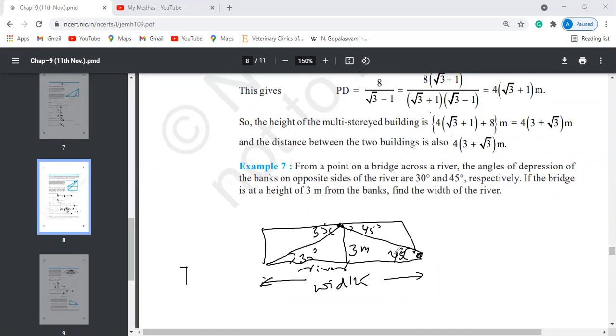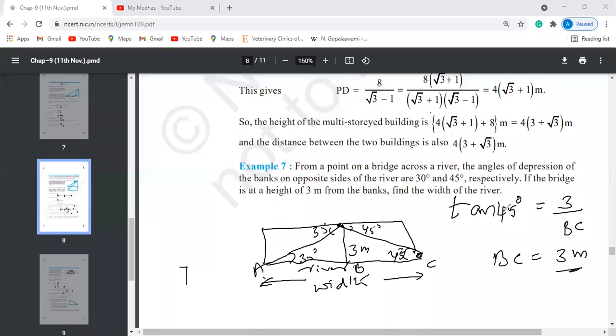See, we have tan 45 here, 30 here. First, what you can do? You can use tan 45 degree. So the opposite side is 3 meter, and let it be A, B, C. Okay. So it is BC. So that BC is equal to 3 meter, correct?